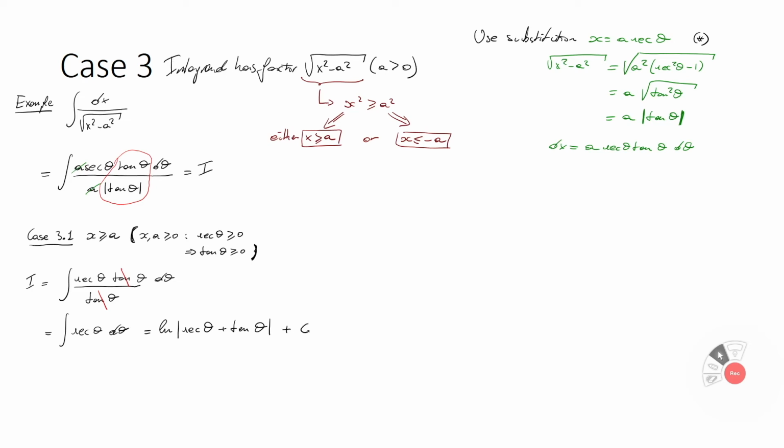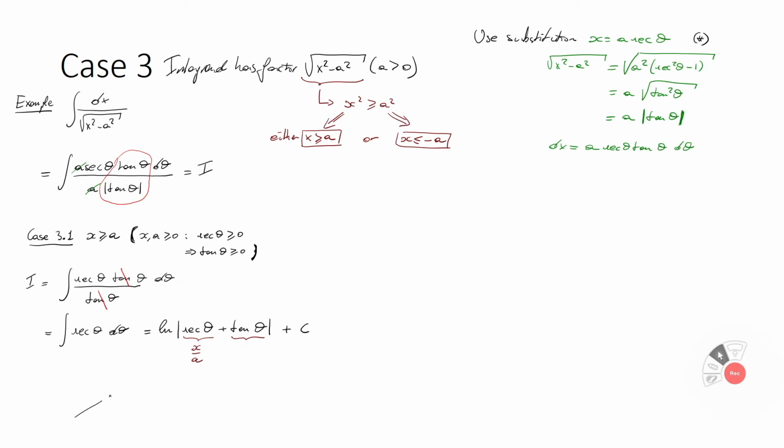And now we go back to where we started from, our expression. We know that x is a times secant theta. So secant theta by itself is x divided by a. And now we need to figure out what tan theta is. And for that, we're going to draw another triangle.